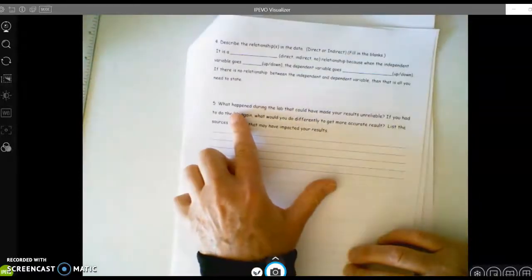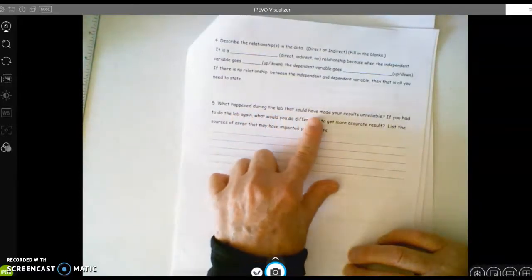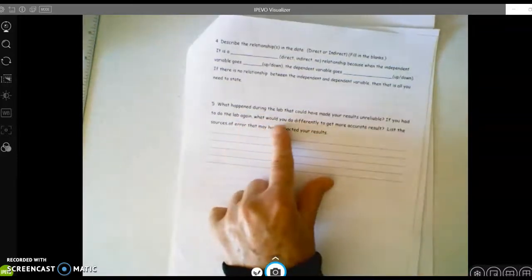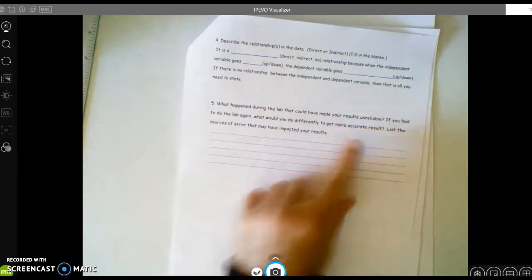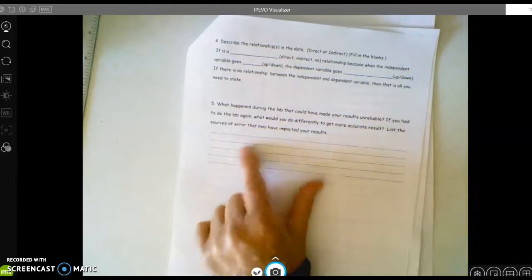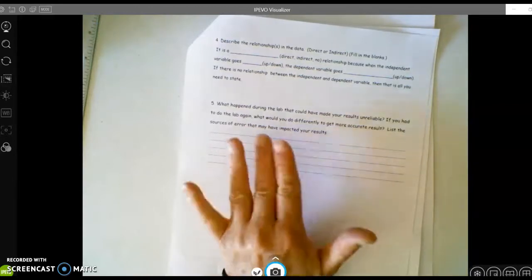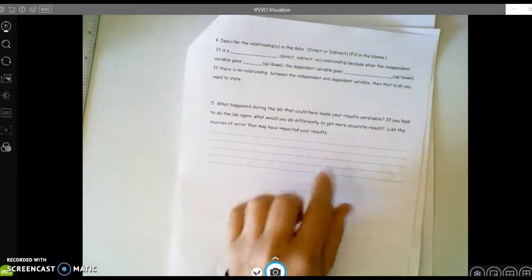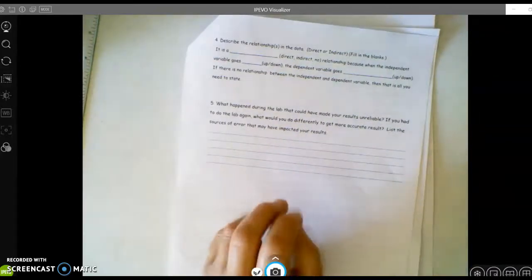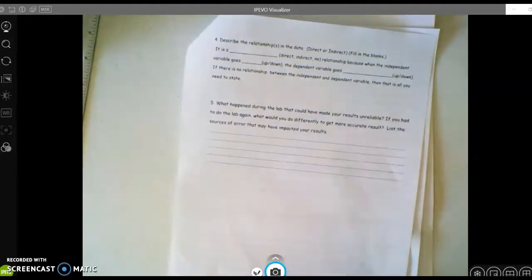And lastly, what happened during the lab that could have made your results unreliable? If you had to do the lab again, what would you do differently to get more accurate results? List the sources of error that may have impacted your results. So I want you to tell me things that may have made your results unreliable. Saying, we did it perfectly, I feel confident with my result, is not a valid answer.